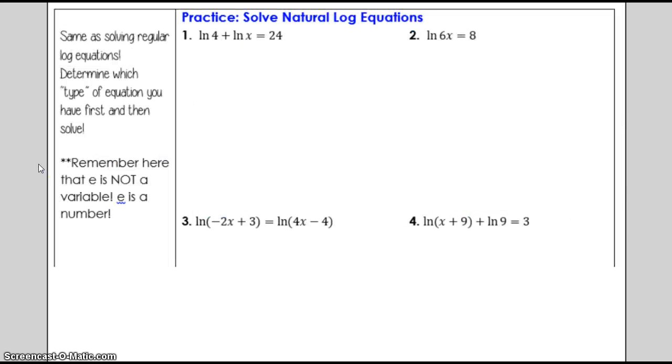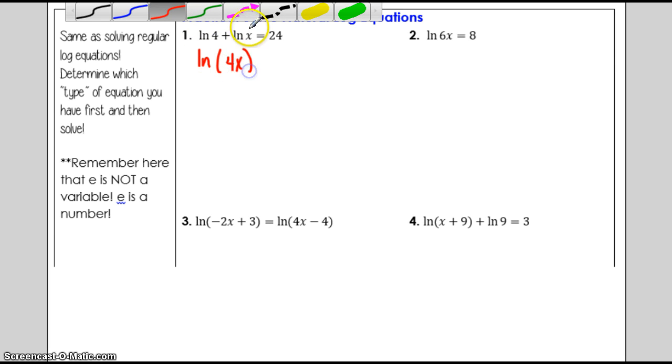All right, let's take a look here where we're going to condense it. And what that gets us is natural log of 4x, because it's multiplication when it's addition. If you need your little base of e there, you can add that. And then we're going to rewrite it. So base of e to the 24th power equals 4x. And then what we can do is divide by 4 to get x. So in your calculator, we'll take e to the 24th. There is an e button. e is not a variable, so keep that in mind.